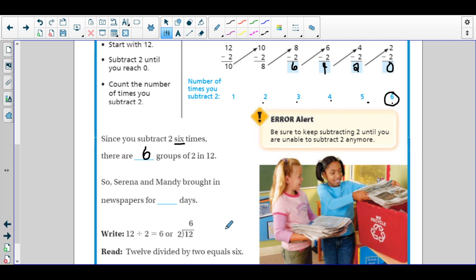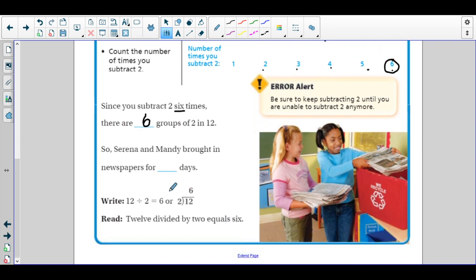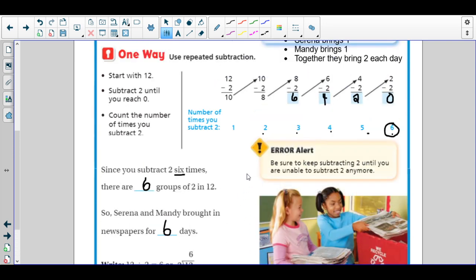So Serena and Mandy brought in newspapers for 6 days. And so 12 divided by 2 is equal to 6, and that's how we read it. 12 divided by 2 equals 6. So here's that repeated subtraction. We're going to keep repeating and subtracting until there's nothing left to subtract.